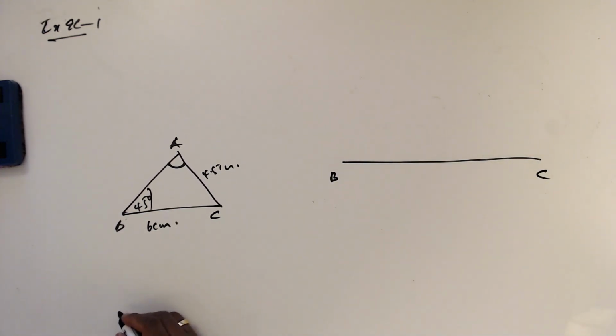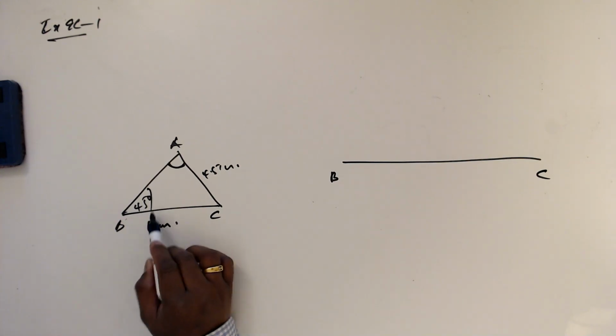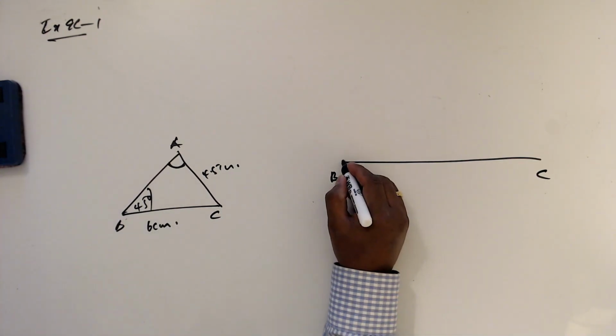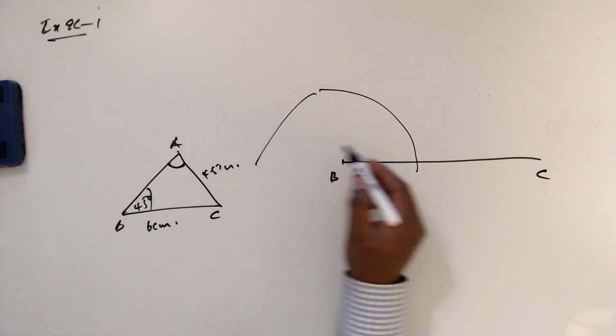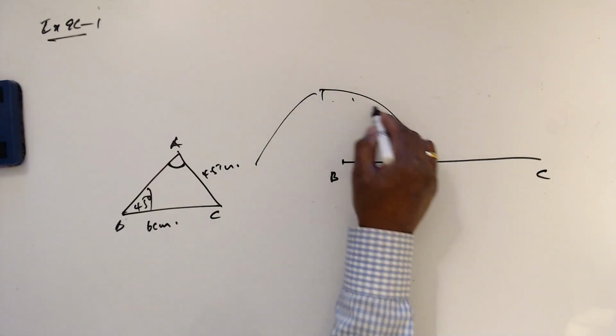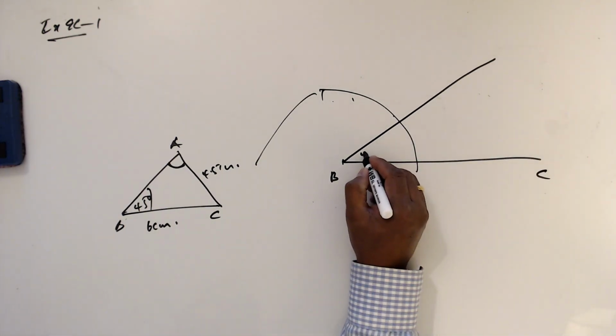Then what is the next step? Next step, I can see 45 angle. So then from here, keeping the protractor, I will draw the 45 line.